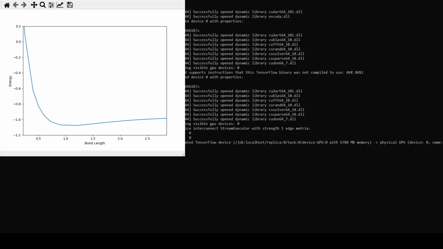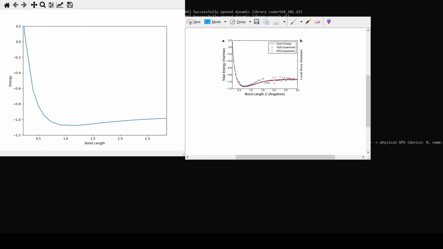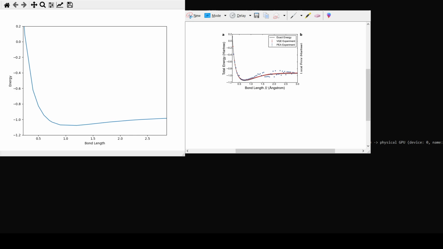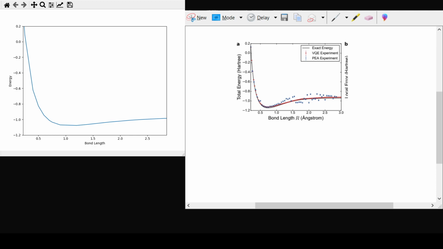But you can see, let me get the figure from the paper up here. If I just bring up the figure, let's see if I can move this over and then also share this. There we go. We can see this is what the figure looks like.